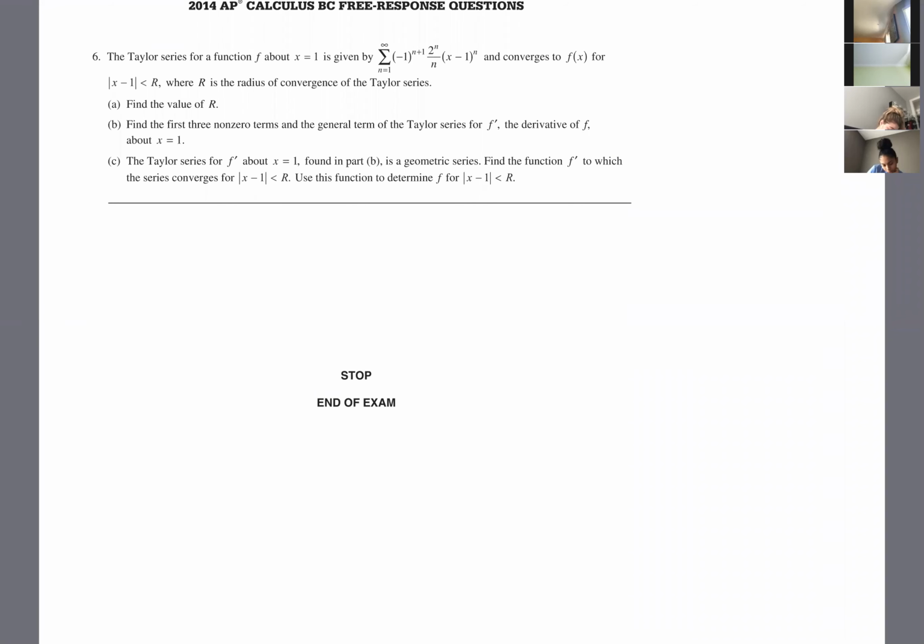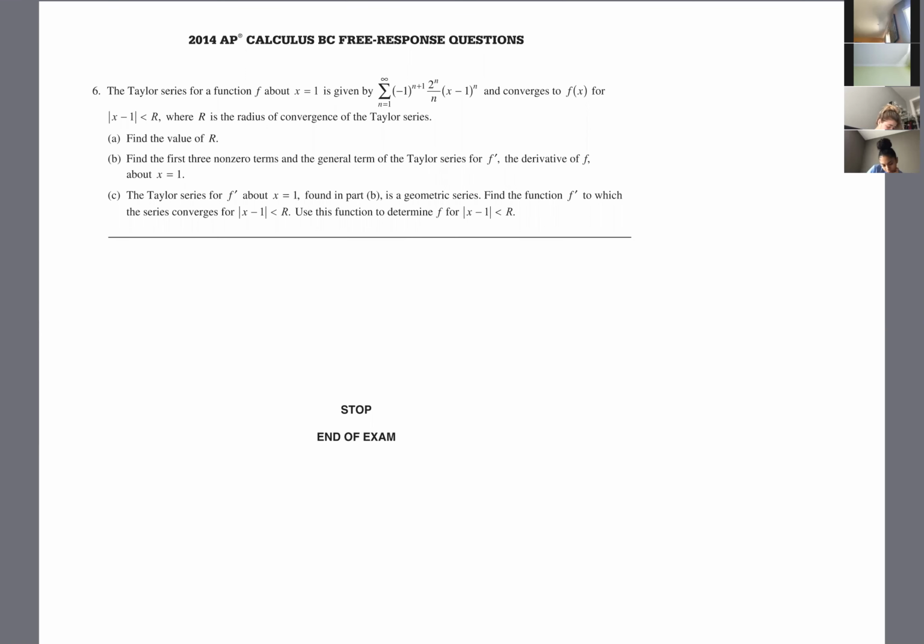Okay, 6b, sorry about that. So f of x is gonna equal, what do we have here?